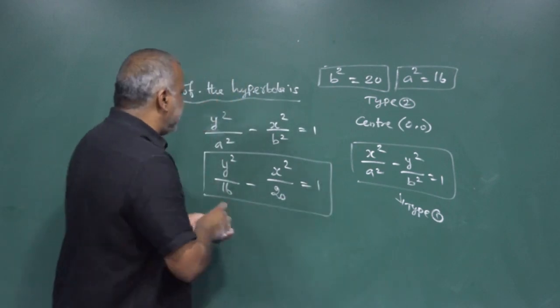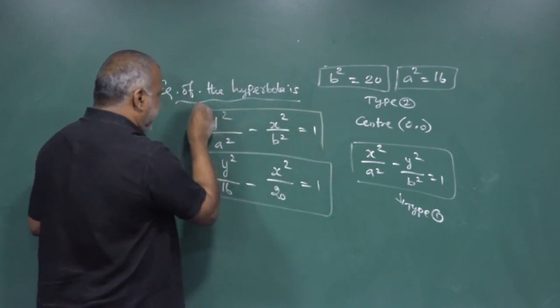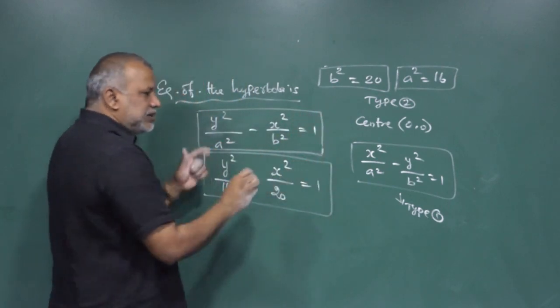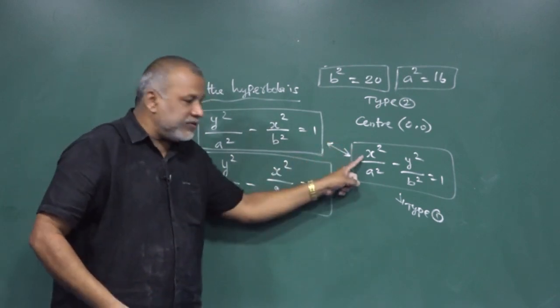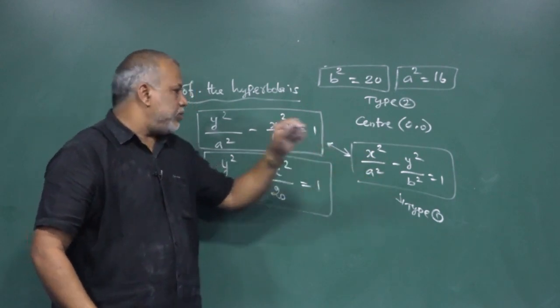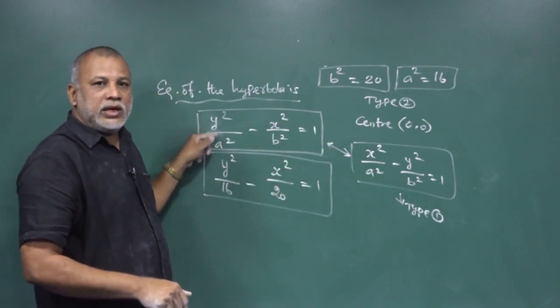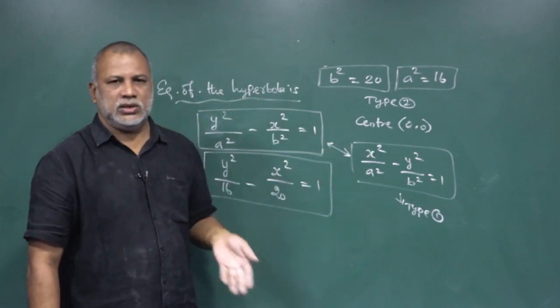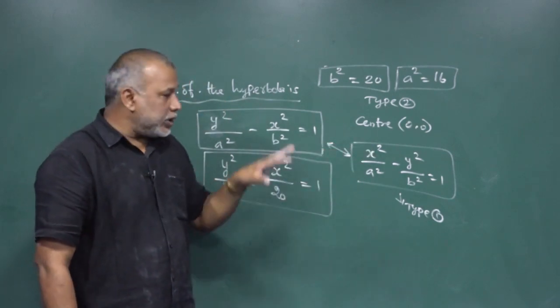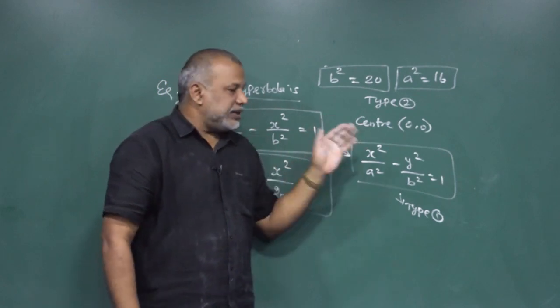What is the difference between these two? We have a small difference, and you have to realize this type. Starting with x squared belongs to type 1. Starting with y squared belongs to type 2. For both equations, the center is 0, 0, that is, the center is the origin.